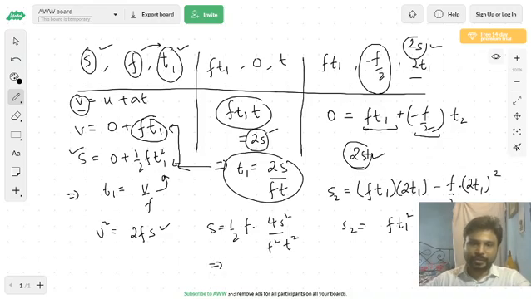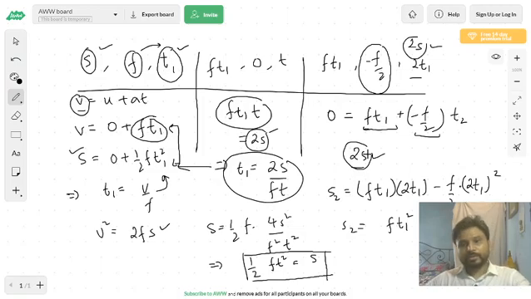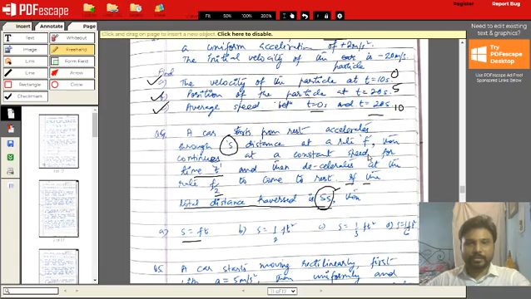On solving this we get that half of f t squared is equal to s. So that means B part would be correct.